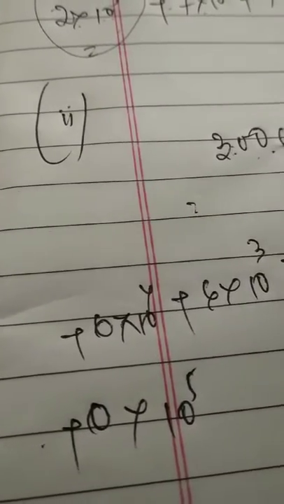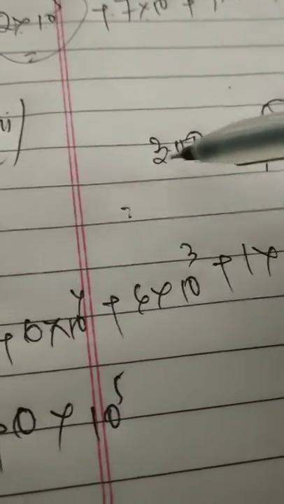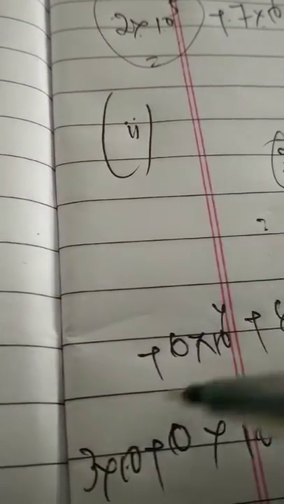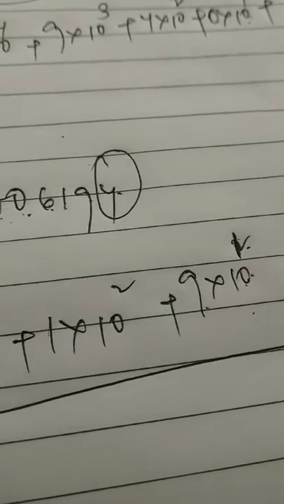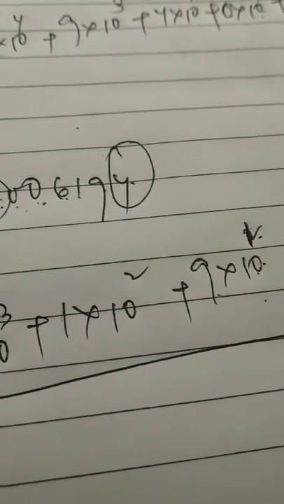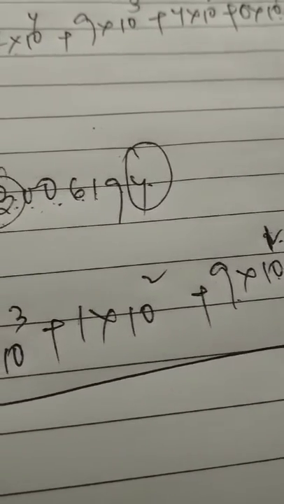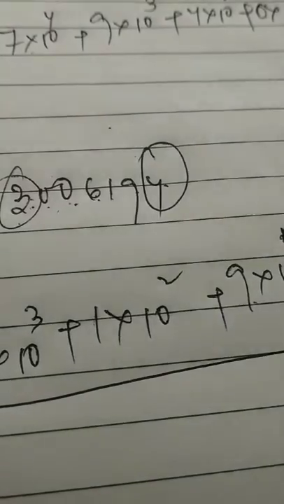The place value of 3 is ten lakh. So 3 into 10 to the power 6. This is how we have to deal with this question, children. I believe it's clear to everyone.